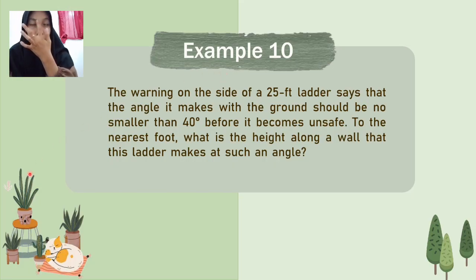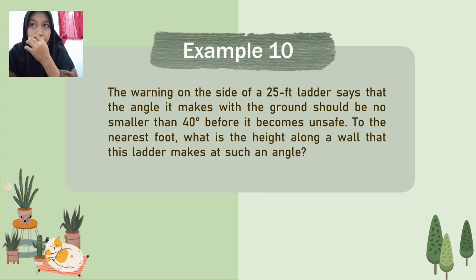This is a question from example 10. The warning on the side of a 25 feet ladder says that the angle it makes with the ground should be no smaller than 40 degrees before it becomes unsafe. To the nearest foot, what is the height along a wall that this ladder reaches at such an angle?